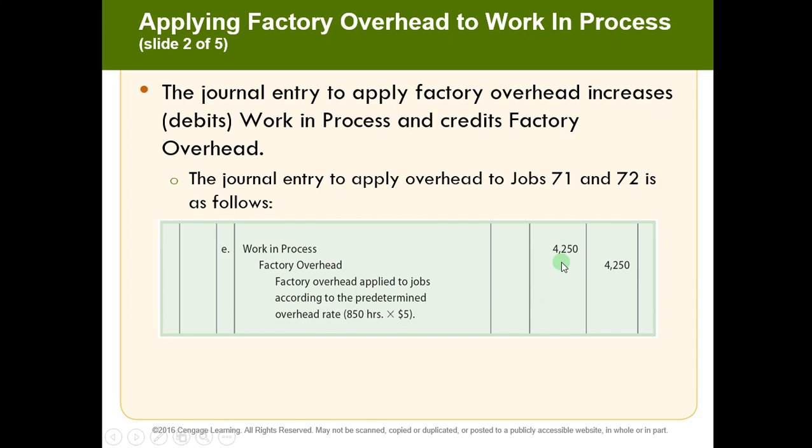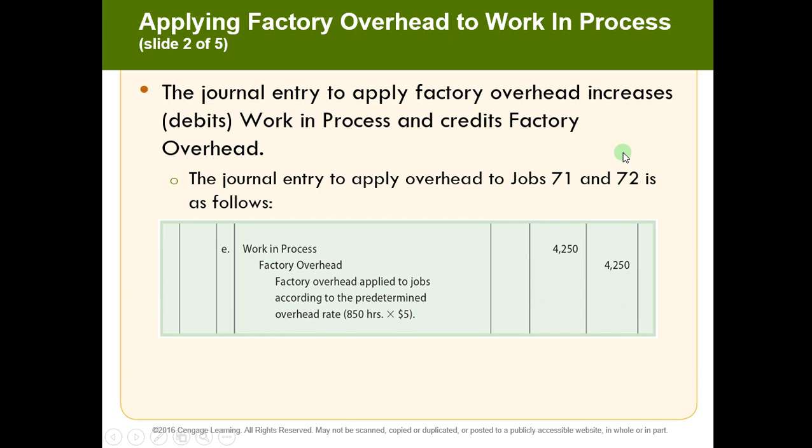So just like the other 2 product costs, direct materials get pulled out of raw materials and moved into work in process. Direct labor, that labor cost also gets put into work in process. Factory overhead is also going to move into work in process.